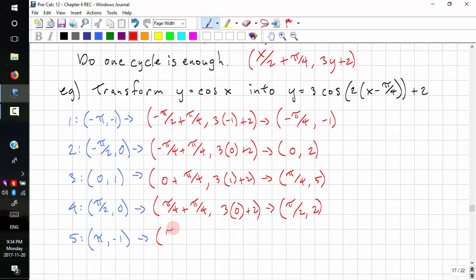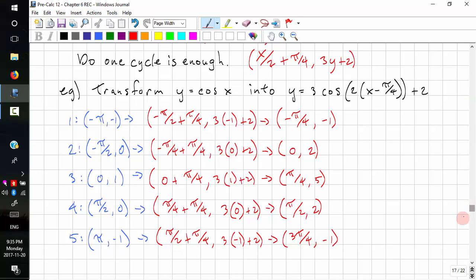Pi over 2 over the 2 plus pi over 4. 3 times negative 1 plus 2. Again, multiply by 2 over 2. We have 2 pi over 4 plus pi over 4. That's 3 pi over 4. Negative 3 plus 2. That's negative 1.